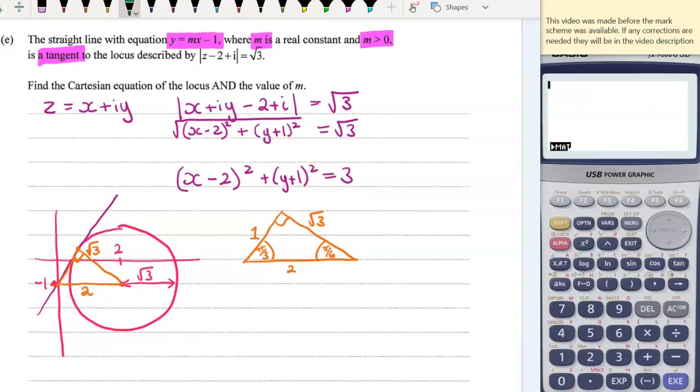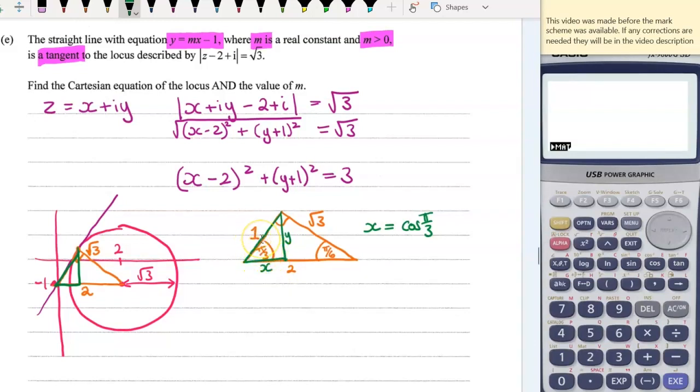Now from all of that, what I actually want is this triangle here so that I can work out the gradient of that purple line. So that's this piece here, and I would have an x and a y. Well, using trigonometry, x is equal to cos π/3 because x is the adjacent, and adjacent is cos times the hypotenuse.